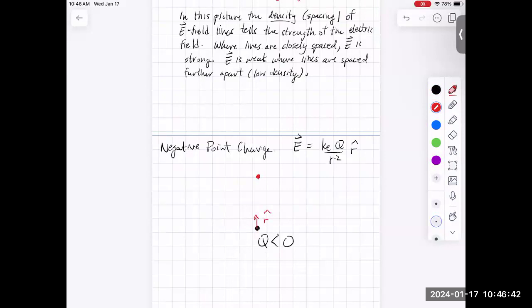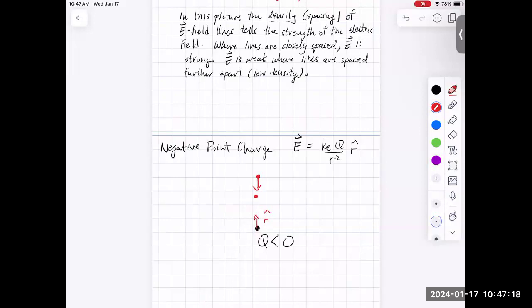Now, if Q is negative, k_e Q divided by r squared is some negative number. So it's a number with a minus sign times r hat, so we have minus r hat as our direction. We are anti-parallel to this r hat, and so the electric field at this point is something like that. Then if I take a point over here, I would have exactly the same argument for the direction, but the magnitude would be stronger because now r, the distance between my point and Q, is smaller.